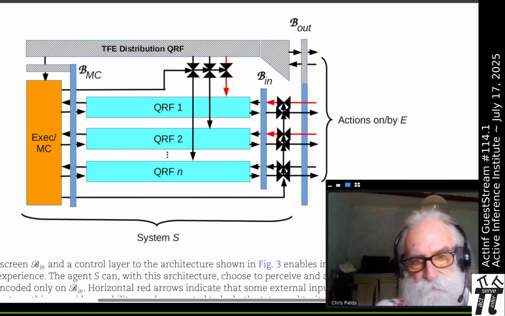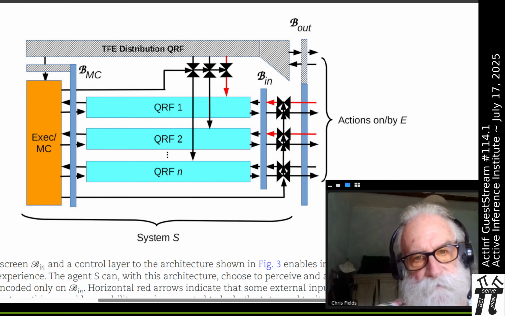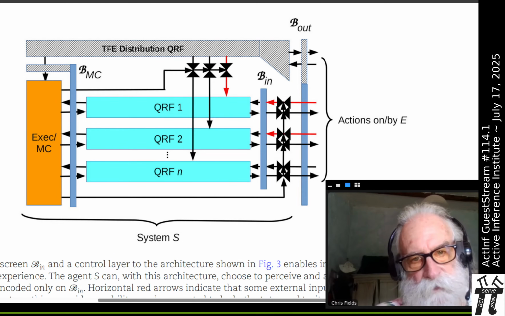If you look at this picture and think about popular architectures like the global workspace, then clearly what we've done here is distribute the global workspace between the meta processor's boundary and the inner screen boundary.